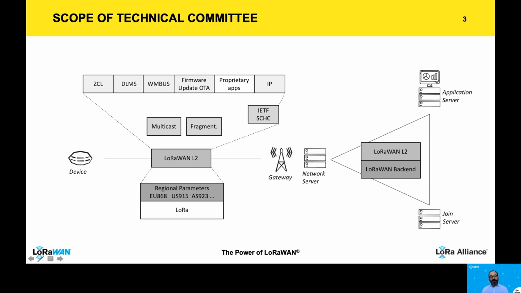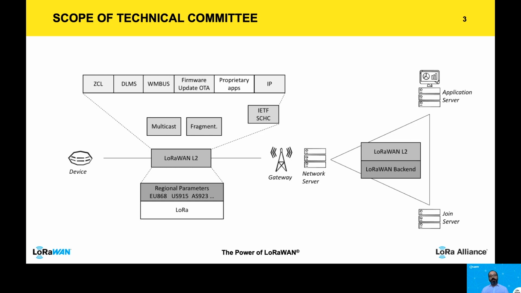And over time, we have extended our scope to break our specification into different pieces for covering various regions in region parameter specifications. And then we also start marching into what one would call transport layer protocols, such as multicast, group management, and fragmentation, and even into the application stack in order to adopt popular application stacks to run natively over LoRaWAN.